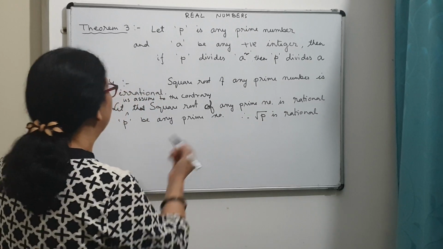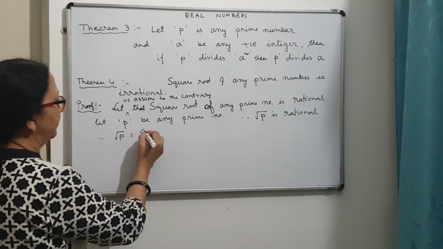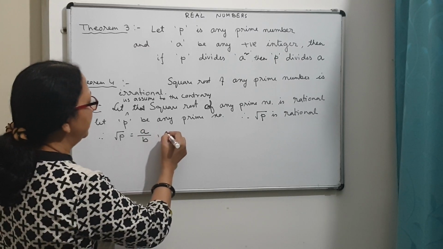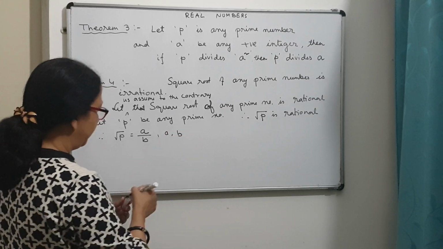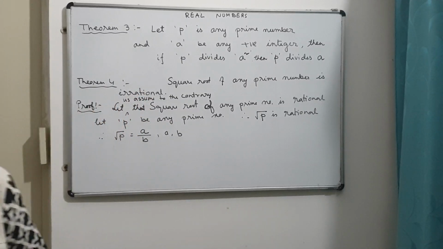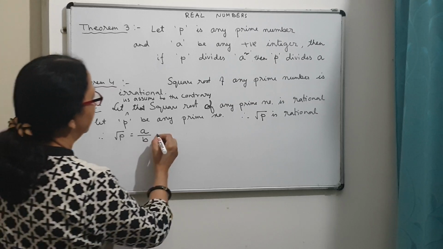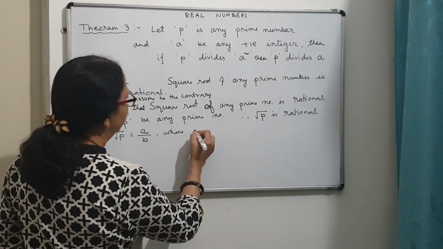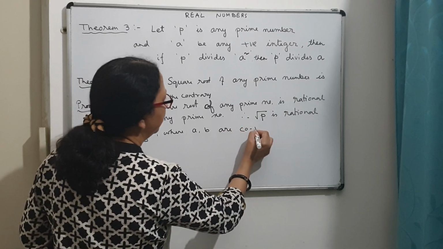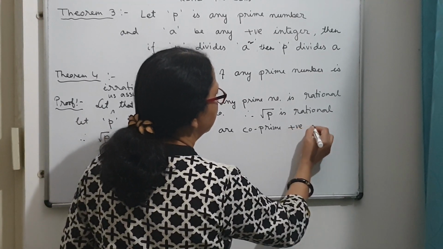Therefore we can write root P as a by b, where a and b are co-prime positive integers.